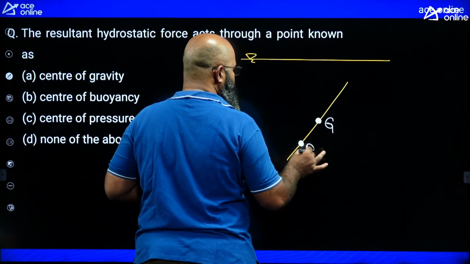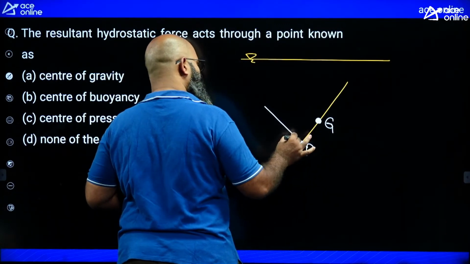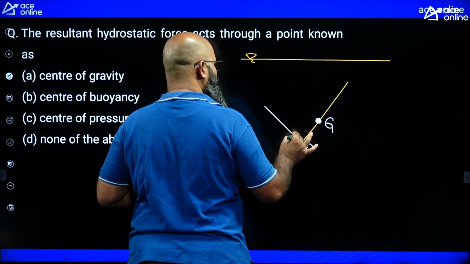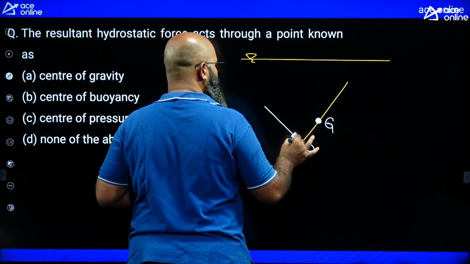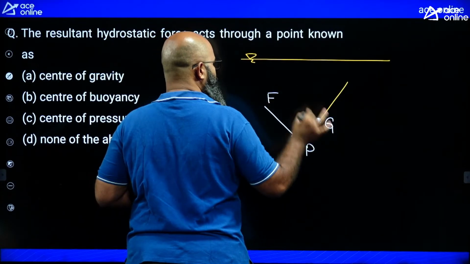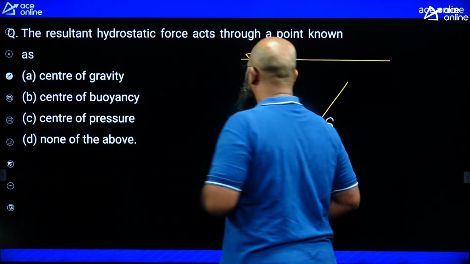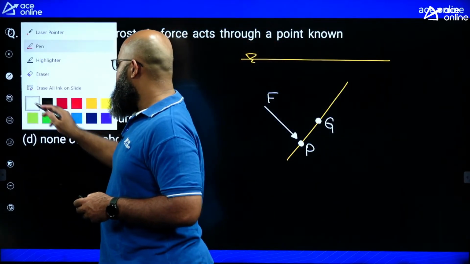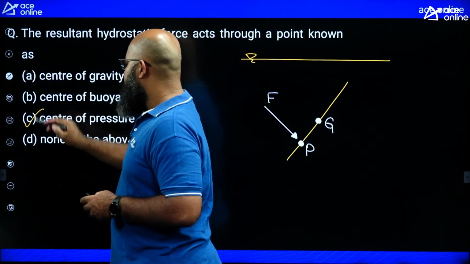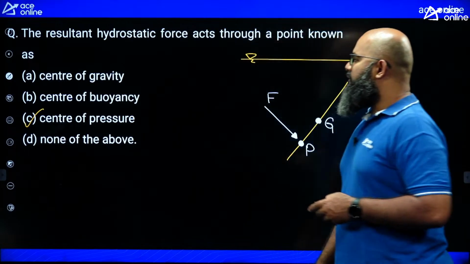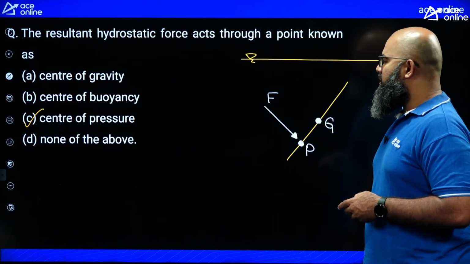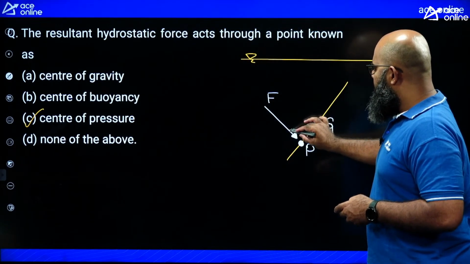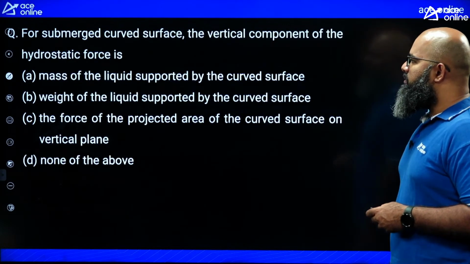This point over here is known as center of pressure. On this center of pressure, you are going to have the hydrostatic force concentrated. So the correct word over here is option C, which is center of pressure. The resultant hydrostatic force acts through a point known as center of pressure. And remember, this is going to be perpendicular over here.